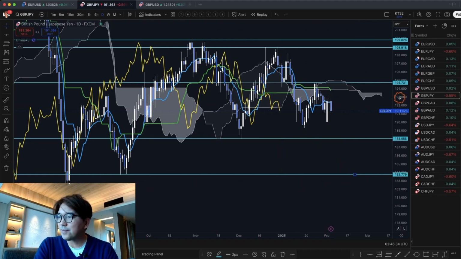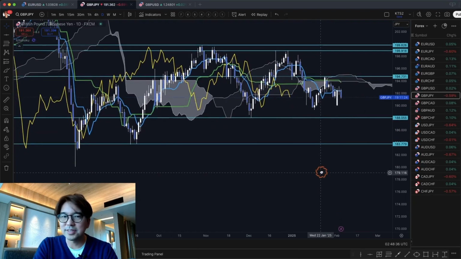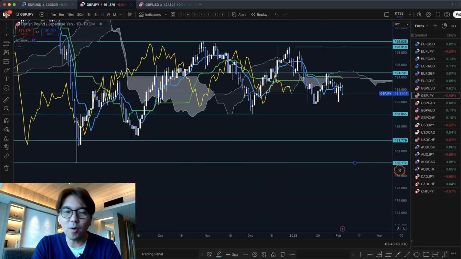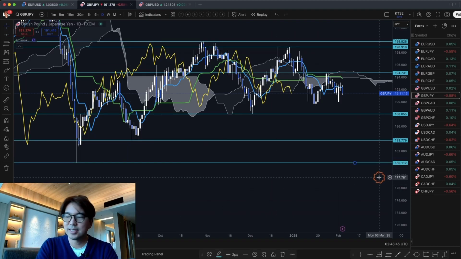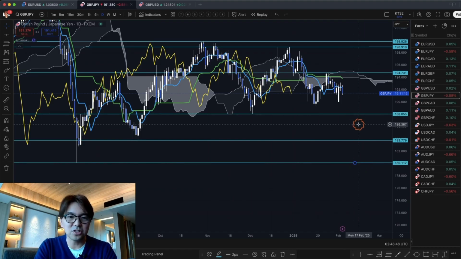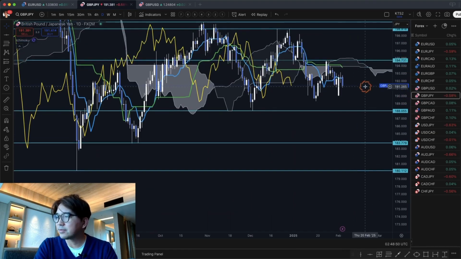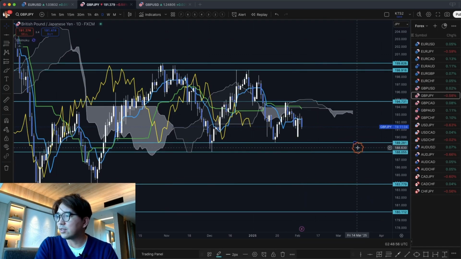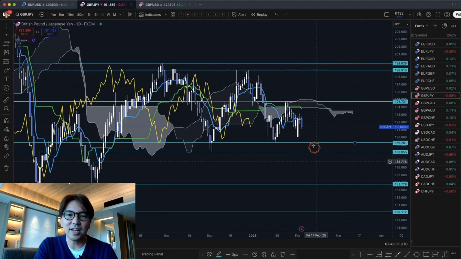And if you look at a bit lower level, there's another one down here, which is 180.112. So these are the swing lows to me. And previously there was a swing low over here too, down here, 189.281. So these are the levels I would draw the lines for support and resistance. Okay.